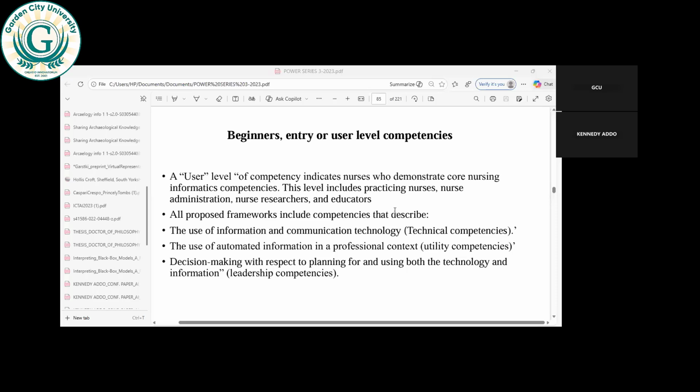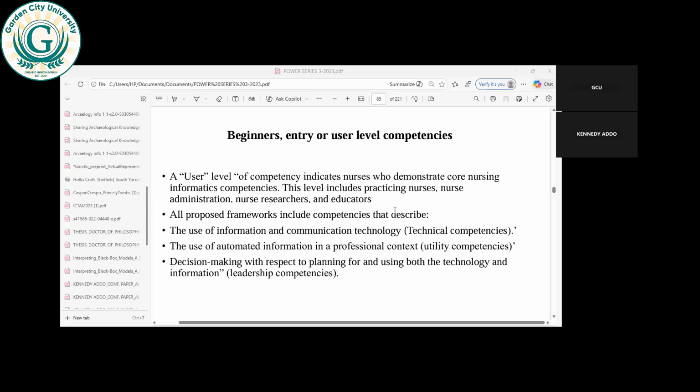Okay. So with the technical competencies, we are going to look at the use of information and communication technology. If you are able to use ICT, then that will confirm your technical competencies. If you are able to apply this knowledge in ICT in a professional context, that represents utility competencies.